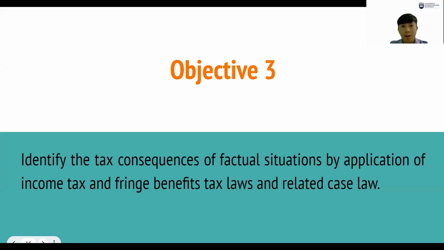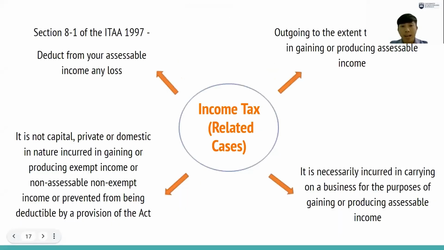Section 8-1 of the ITAA provides that we can deduct from assessable income any loss or outgoing incurred in gaining or producing assessable income. It is necessarily incurred in carrying on a business for the purpose of producing assessable income, and it is not capital, private, or domestic in nature, or incurred in producing exempt income or non-assessable non-exempt income.